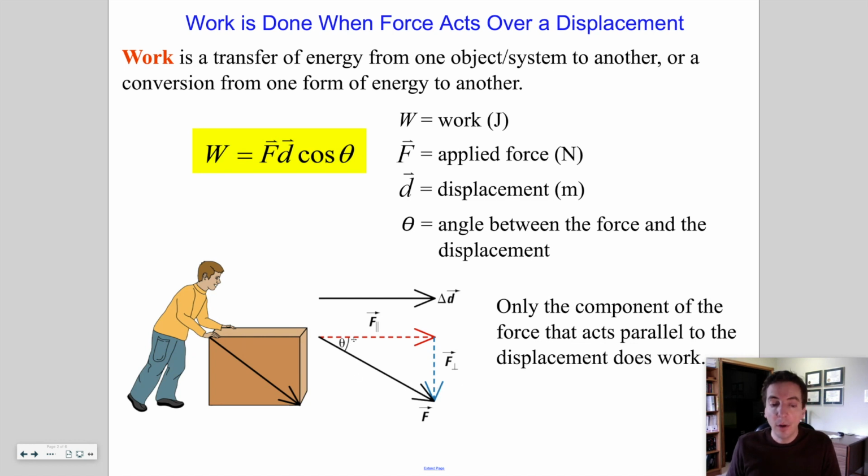So where the cosine comes from: according to the angle here, the parallel side is the adjacent to the angle, and the hypotenuse of this triangle is the force. So the cosine of that angle, adjacent over hypotenuse, would be F parallel over F. And when you solve for F parallel, it's F cos theta. So again, that theta is the angle between the force and the displacement.